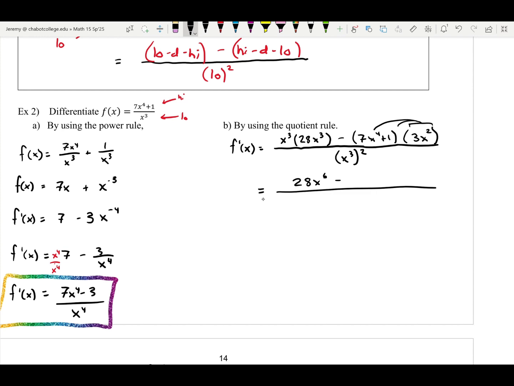Okay, so minus 21x to the 6th plus 3x squared. All right, and be sure to keep parentheses over here because when we're subtracting polynomials like this, we have to be careful, make sure we distribute that negative sign when we do that subtraction. And down here we'll have x to the 6th power.